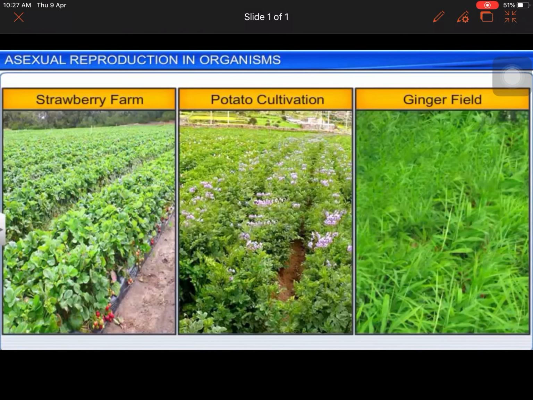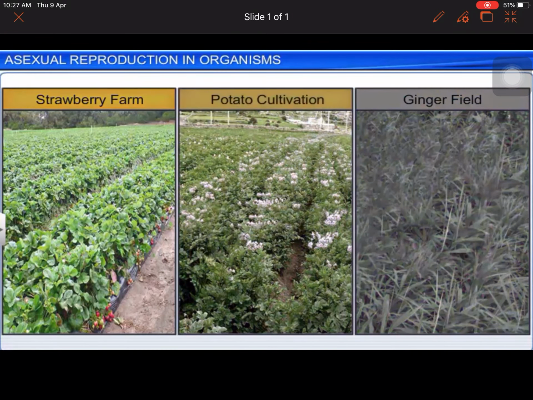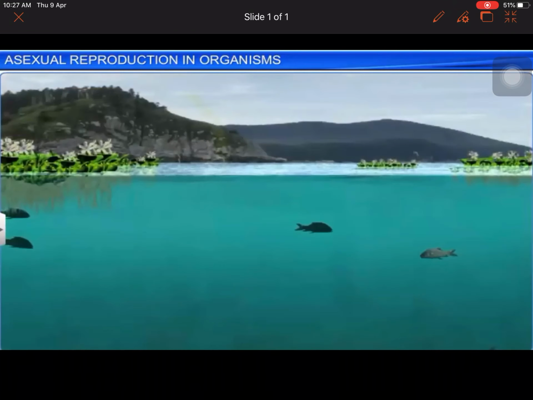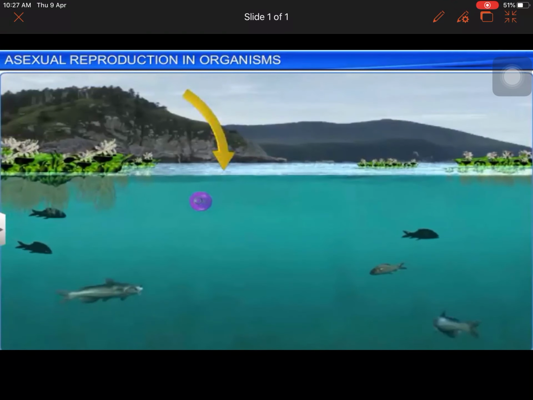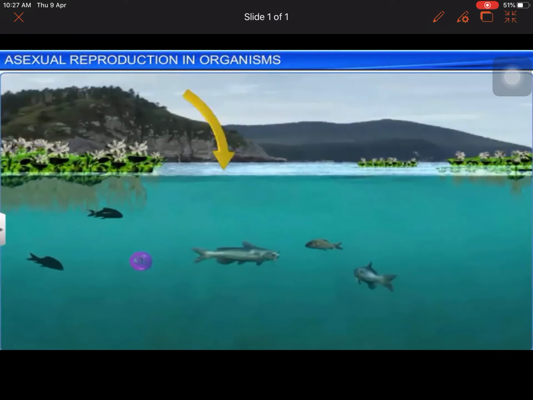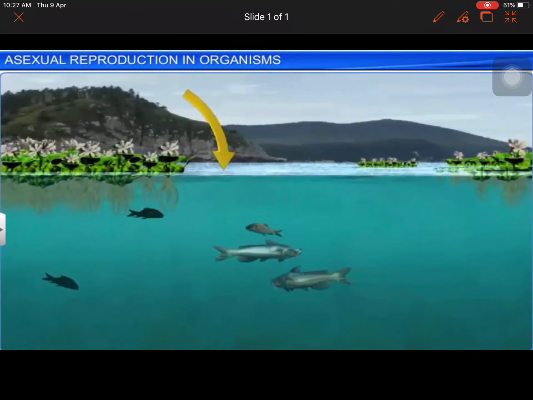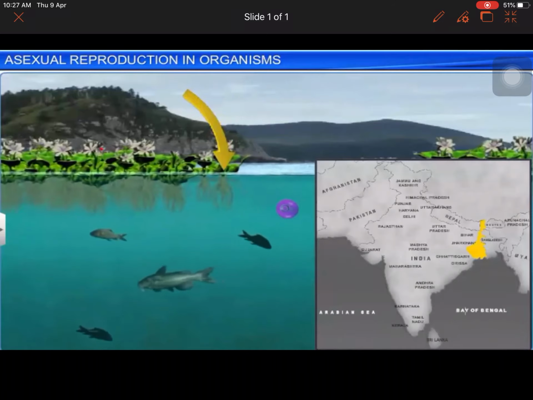Interestingly, farmers and gardeners make full use of vegetative propagation for commercial cultivation of various plants, including strawberry, potatoes and ginger. Vegetative propagation, however, can turn into a problem in certain cases, like the fishermen of Bengal have discovered.